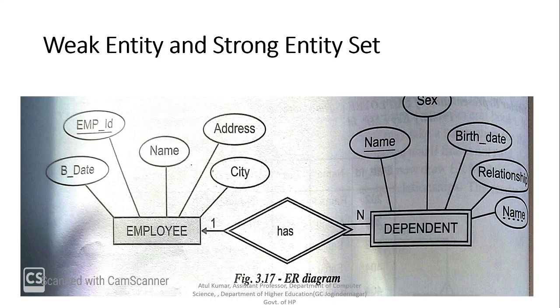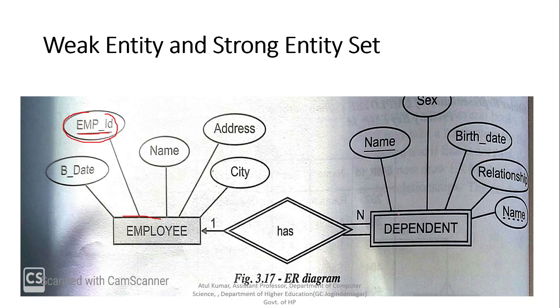So how do we represent these weak entity sets and strong entity sets in an ER diagram? In this figure you can see employee is a strong entity, so we represent employee as a single line rectangle, and here employee ID is a primary key, as there is an underline below it to represent employee ID as a primary key.